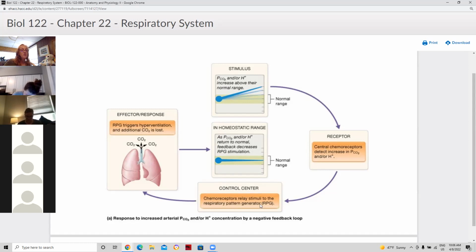The chemoreceptors relay the signal to the respiratory pattern generator in the medulla oblongata and the pons, which trigger hyperventilation so that the extra carbon dioxide is lost. And the carbon dioxide levels and hydrogen ion levels return back to normal. And the breathing rate slows.